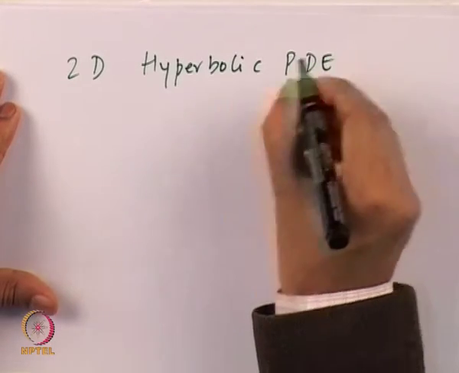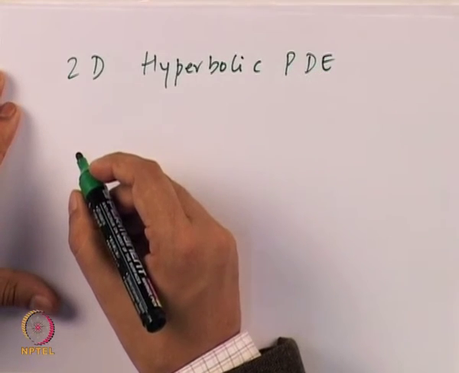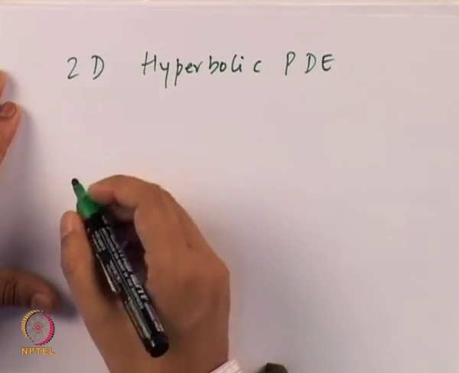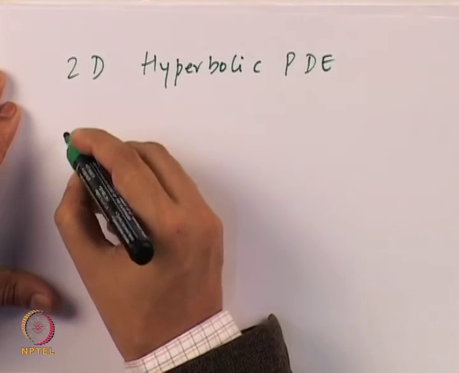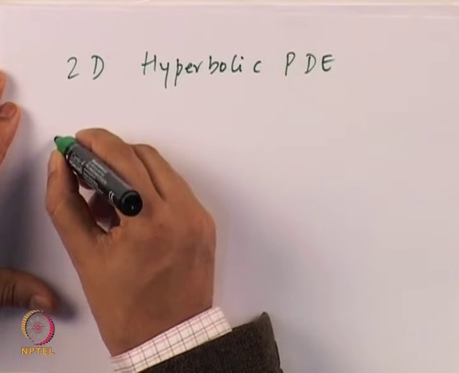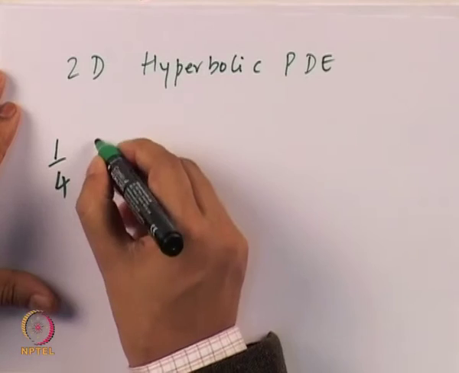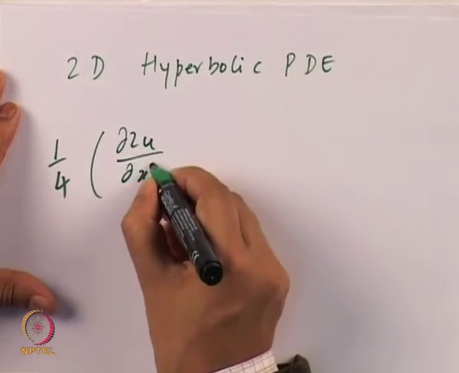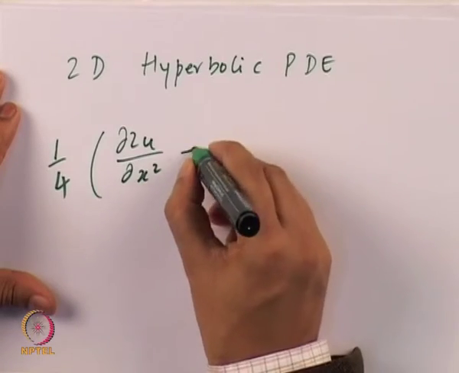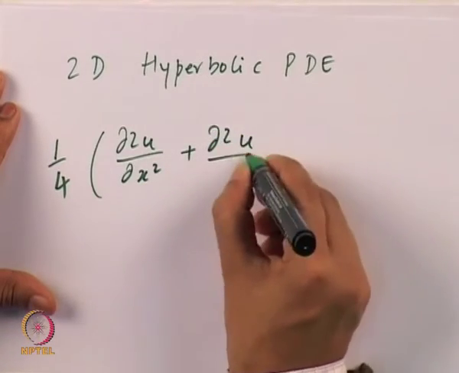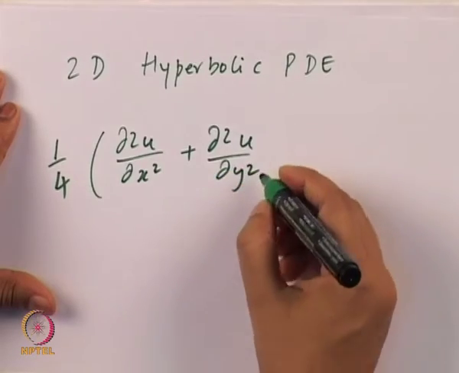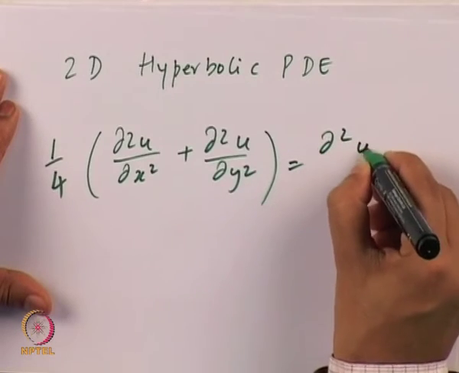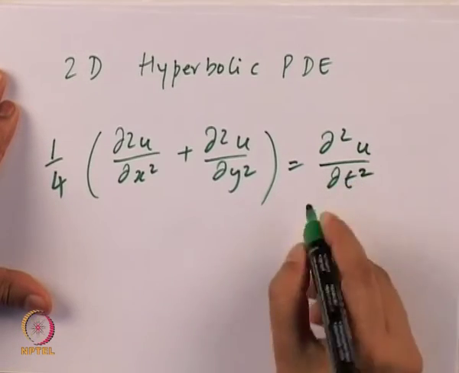The classical thing we are going to do is a wave equation in 2 dimensions, and we are going to model this. The wave equation we will take is 1 by 4 times (∂²u/∂x² + ∂²u/∂y²) equal to ∂²u/∂t².